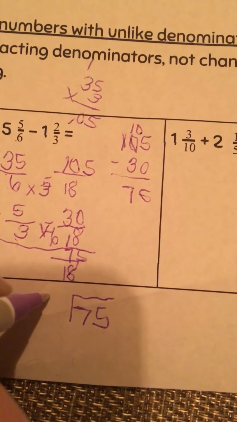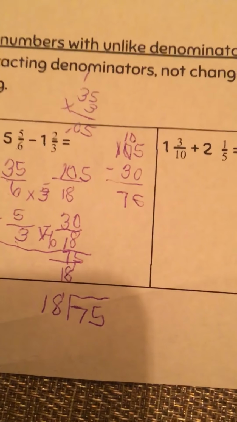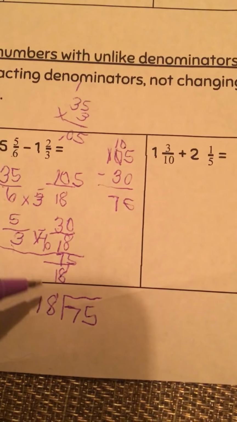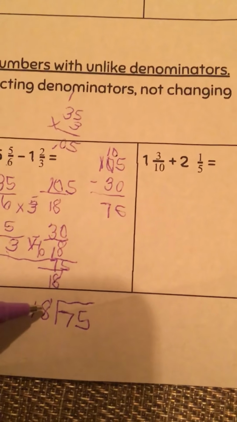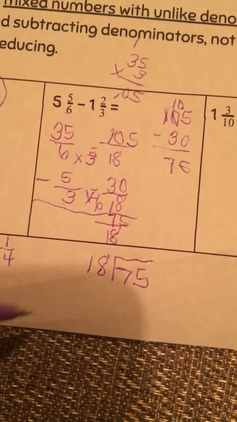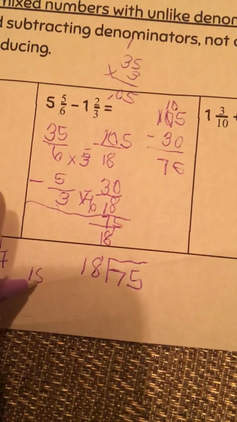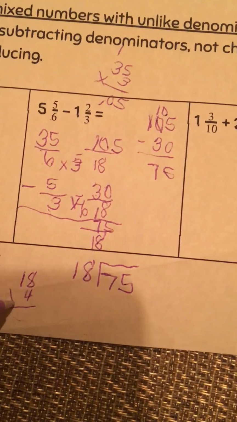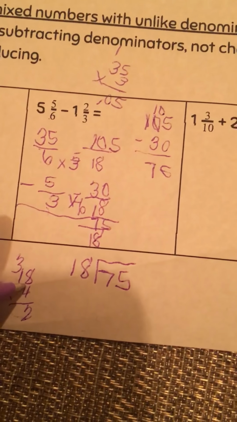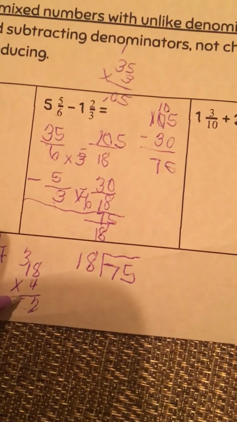So I'm going to do 75 divided by 18. And I think I could fit 3 or 4. I'm not quite sure, so I may just go over here and figure 18 times 4 is going to be 4, 5, 6, 7, 72.